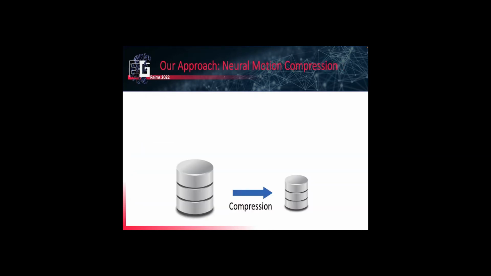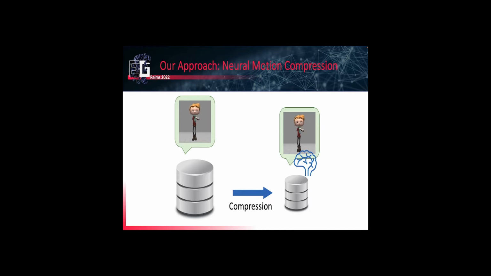In this research, we investigate neural motion compression, a learning-based algorithm to compress character motion sequences. Given an animation sequence, our goal is to find a compact neural representation of the sequence without losing its visual quality.